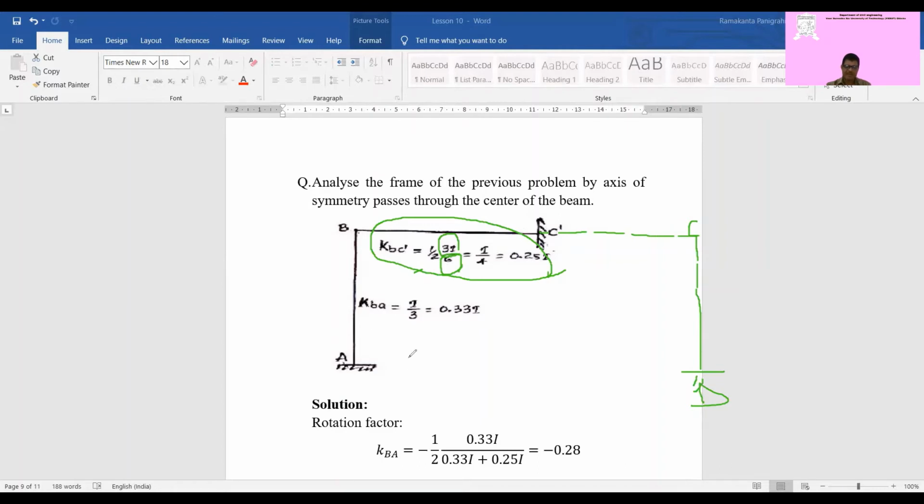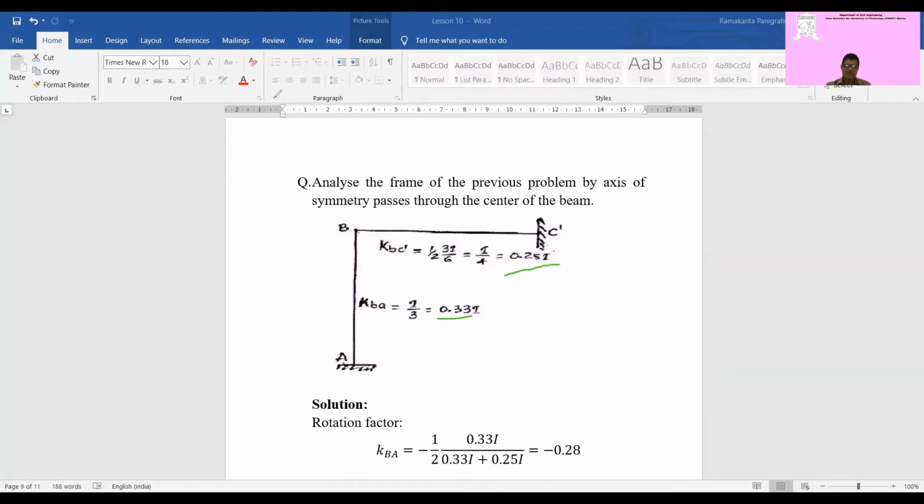Now once you find this relative stiffness, what is the rotation factor for joint B? There is only one joint, because C dash is fixed and A is fixed. So for this one joint, the rotation factor will be minus half, and here it is 0.33I, here it is 0.25I. You can calculate the value.